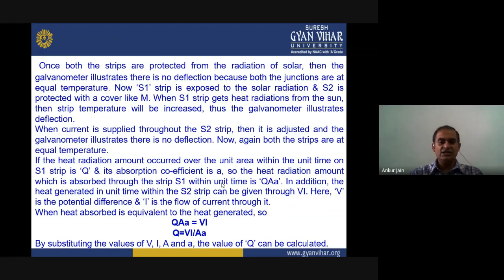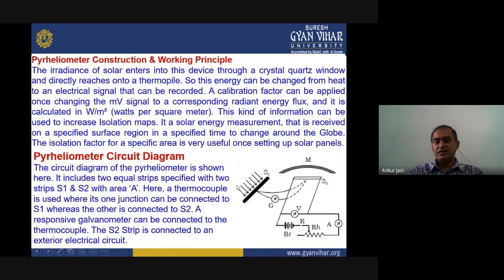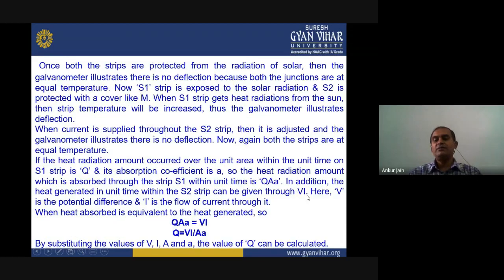In addition, the heat generated in unit time within the S2 strip, through the current flowing in this circuit, gives the power to this strip. That value of power is equal to V into I. That will be given by Vi.